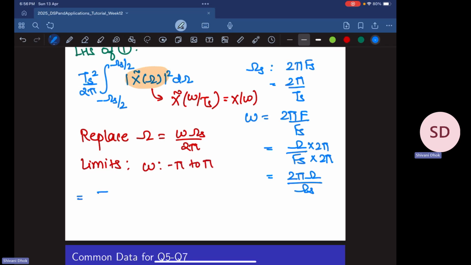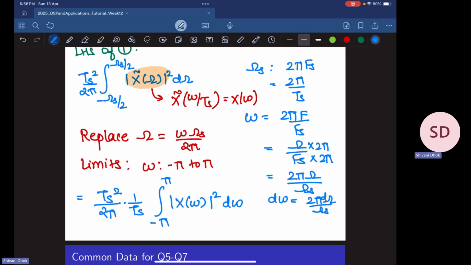So this becomes Ts square by 2 pi, and this d omega is basically 2 pi d omega by omega s, which is simply Ts. So 1 over Ts into integral minus pi to pi magnitude of x of omega square d omega. So this is basically the DTFT of the sampled version, that is x of n. And using Parseval's theorem, this gets cancelled.